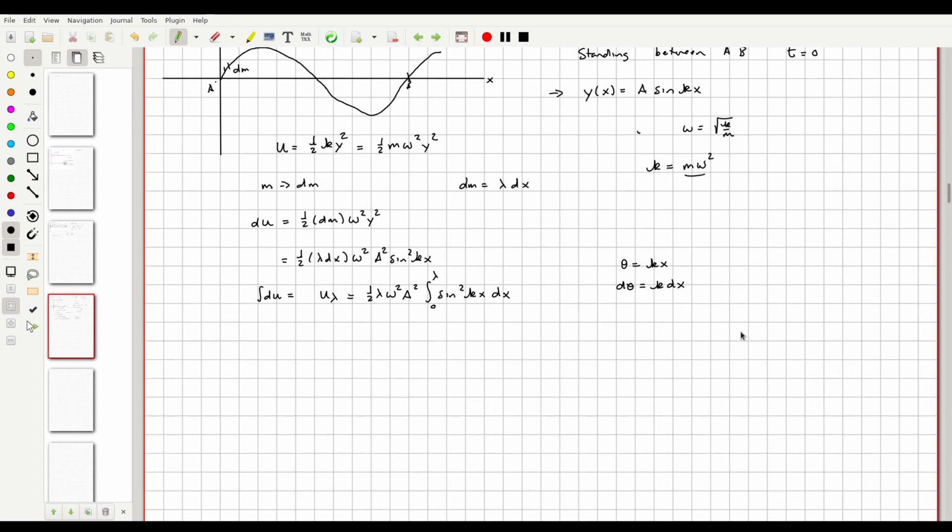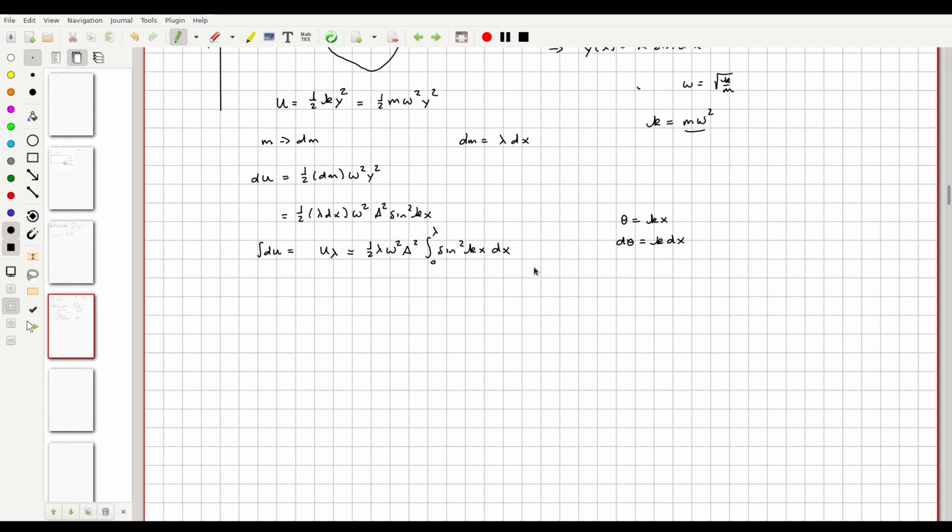So if I make this change of variable, what I end up with is a 1/2 lambda omega squared a squared. I'm going to look at the limits of integration in a moment, but this becomes sine squared of theta, and dx is just going to be d theta over k. So that k comes out.